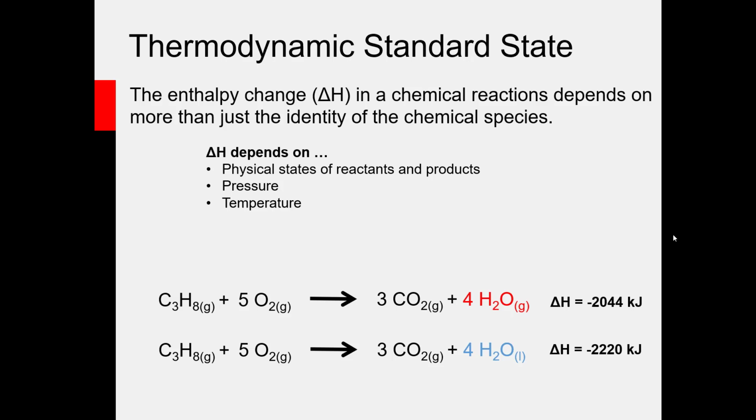And so, when we are making predictions about chemical reactions, the enthalpy changes for all chemical reactions have to be compared using the same set of reaction conditions, for us to understand how the actual magnitude of the heat exchanged by a chemical reaction compares between different chemical reactions.